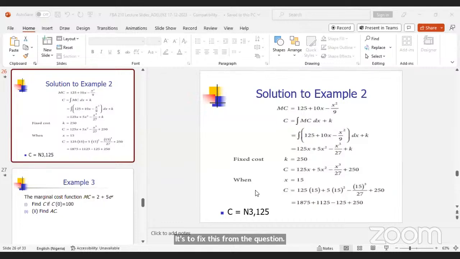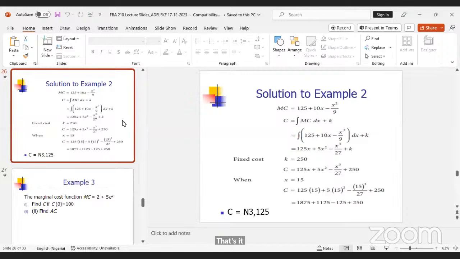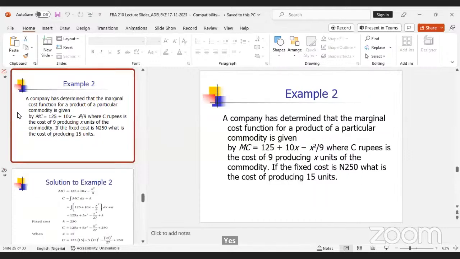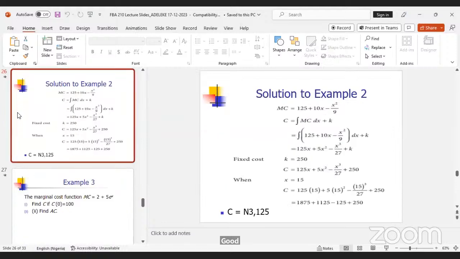Okay, thank you. The 250 is the fixed cost in the question. I see the question. Look at it. The fixed cost. That means the k is given.